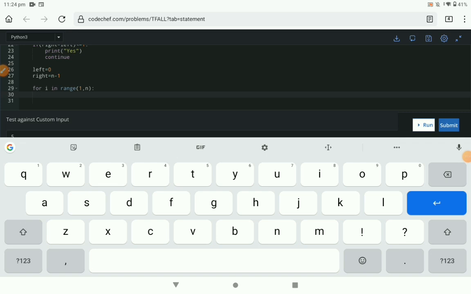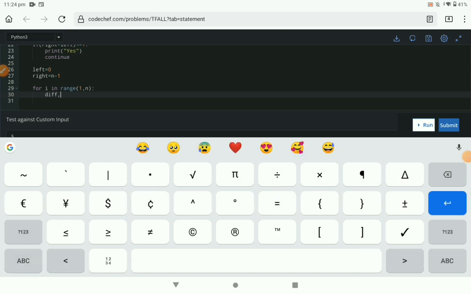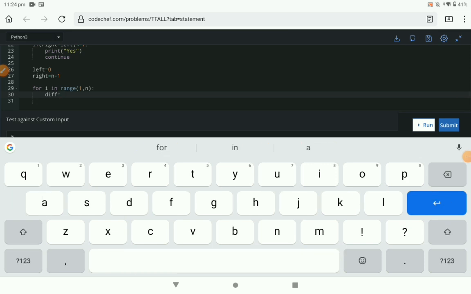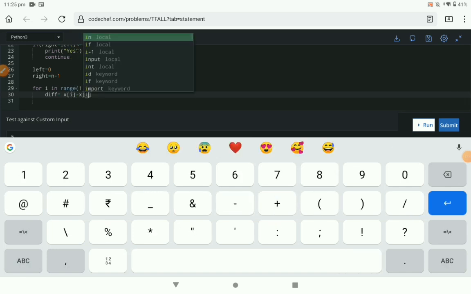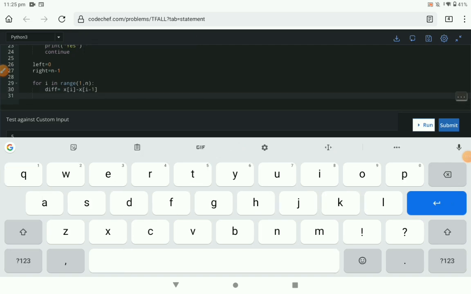Basically, we will check the difference of the ith element from the i minus 1 element. We will discuss this after the completion of the code, so please watch the full video. Don't skip, or you will not understand.